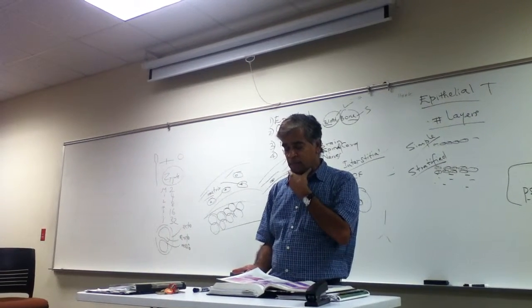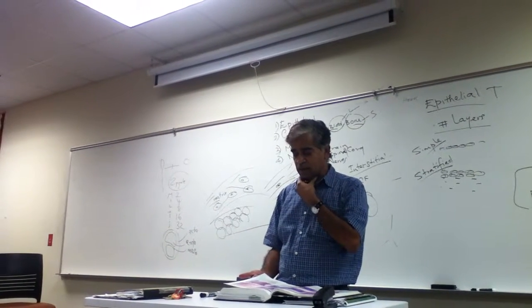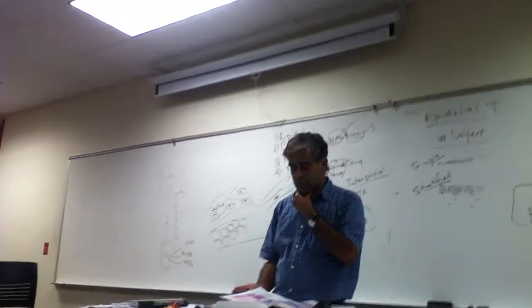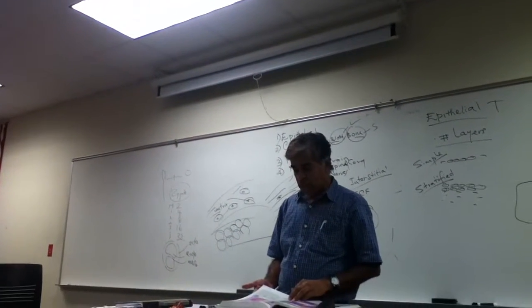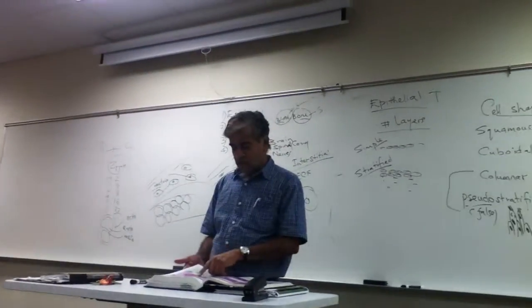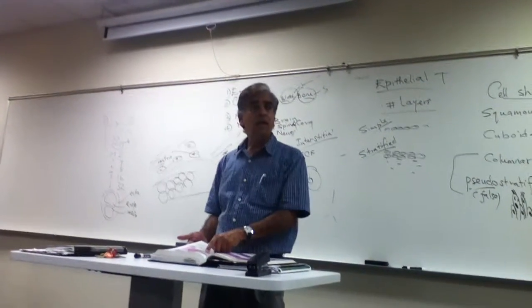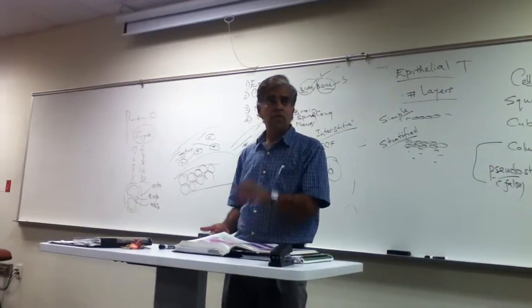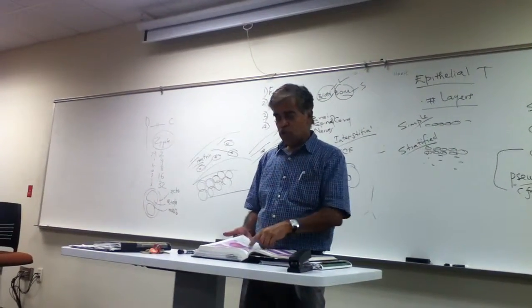The next set of figures just shows you keratinized versus non-keratinized. When they are keratinized, they look darker, and the shape is a little different compared to the non-keratinized. You can see the nucleus in the non-keratinized, but you don't see it very well in the keratinized, right? You don't see that dot within each cell, so it's full of keratin.